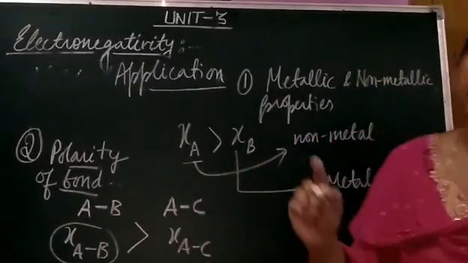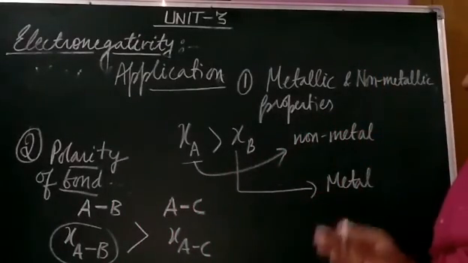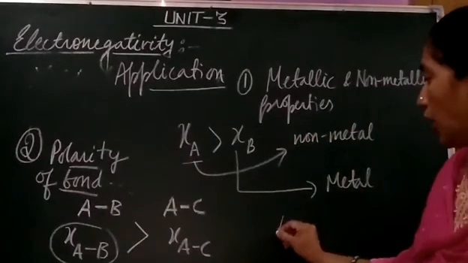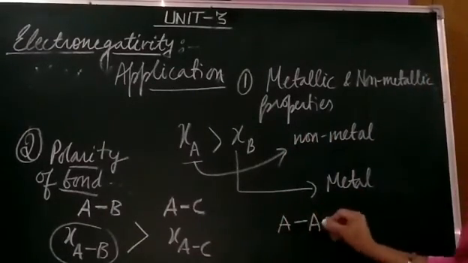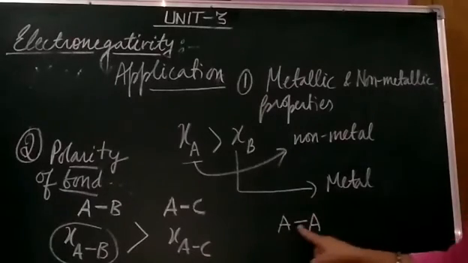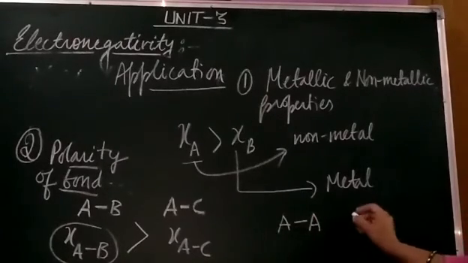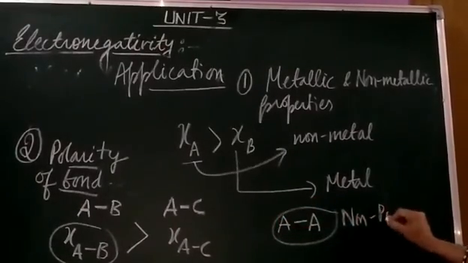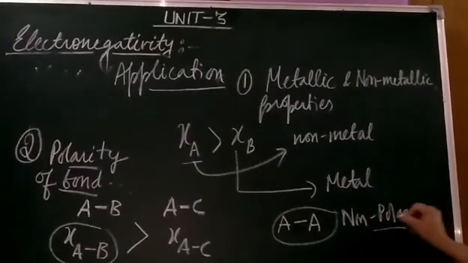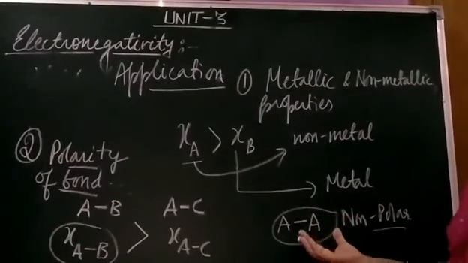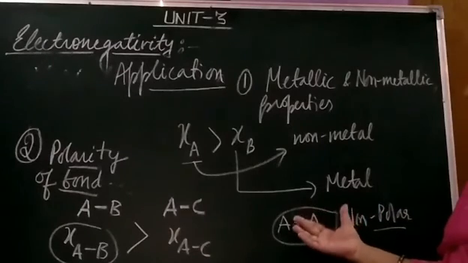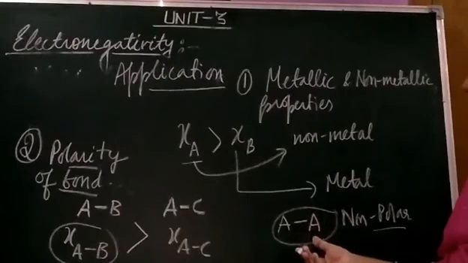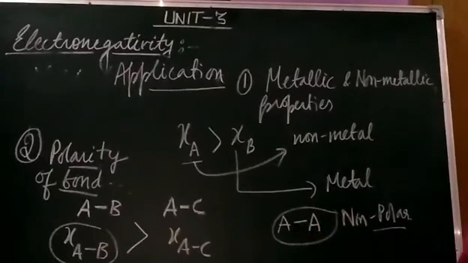And second, if there is no electronegativity difference between the two atoms, then it is a non-polar molecule. Now students, polar means the difference that occurs due to the shift in electron charge, due to shifting of the shared electron pair to one of the atoms, right?